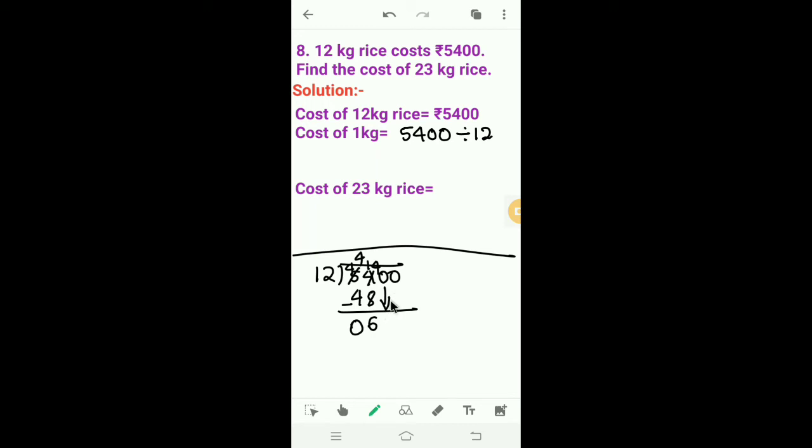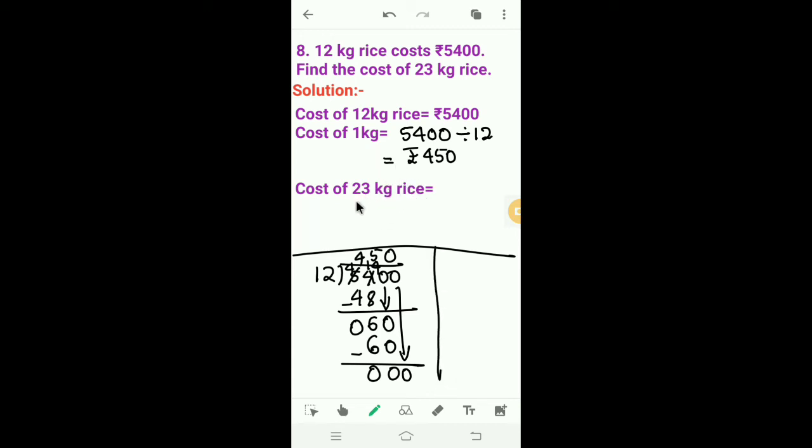Next we have to take 0 down. 12 5s are 60. 0 minus 0 is 0. 6 minus 6 is 0. Next we have to take 0 down. So we have to put here 0. Therefore, cost of 1 kg is equal to rupees 450.